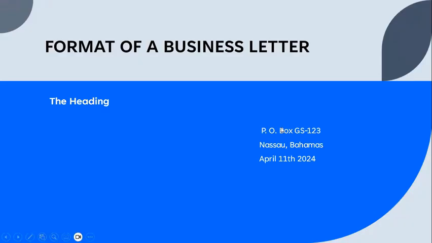Notice that alignment is going to play a very important part in this. Now, my P is a little bit off, but the P, the N, and the A should all come under one another. If you can see my cursor, all of that should line up, and you skip a line between the P.O. Box line, Nassau, Bahamas, and the date. You write capital P, abbreviated, capital O, abbreviated, capital B, small o, small x, capital G, capital S, -123.